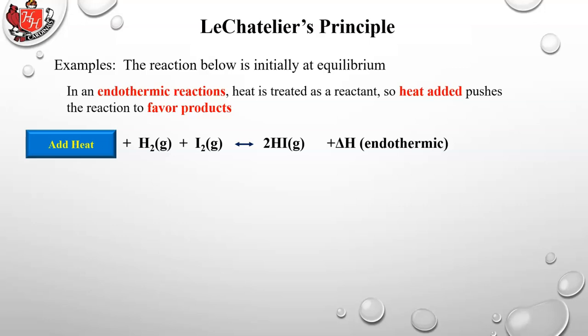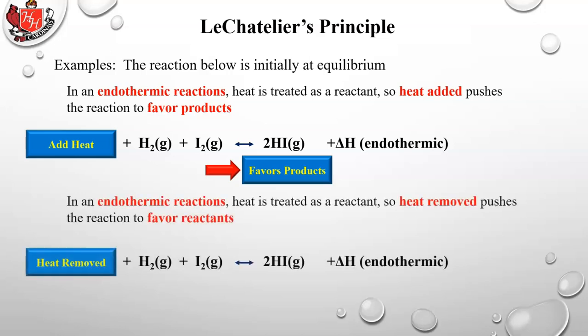That type of reaction likes to take in heat in order to move from left to right. So taking in heat, being endothermic, makes it move from the left side to the right side. So that favors products if you add heat to an endothermic reaction.